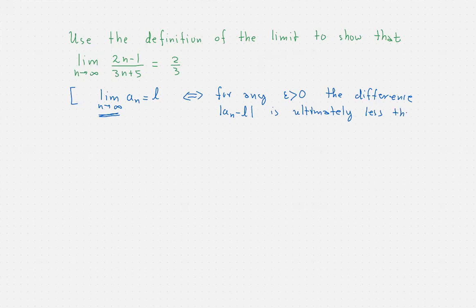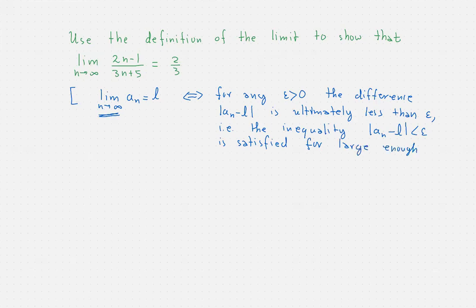In other words, the inequality |a_n - L| < epsilon is satisfied for large enough n.